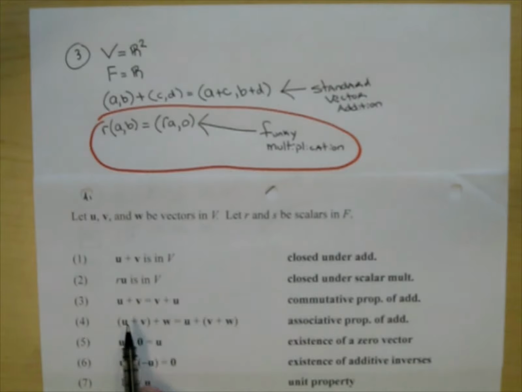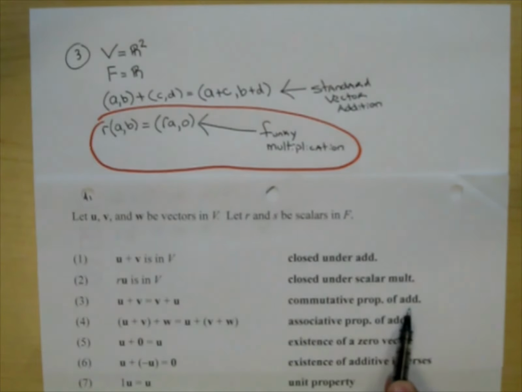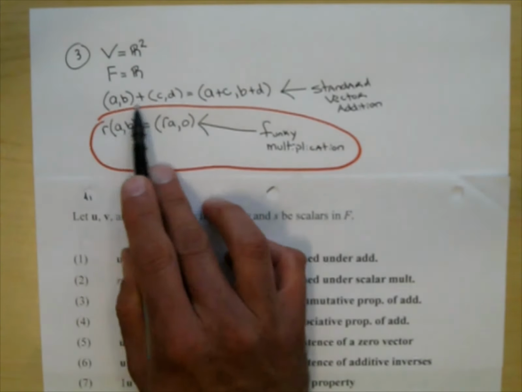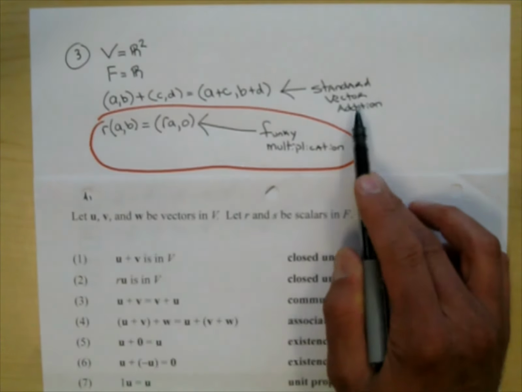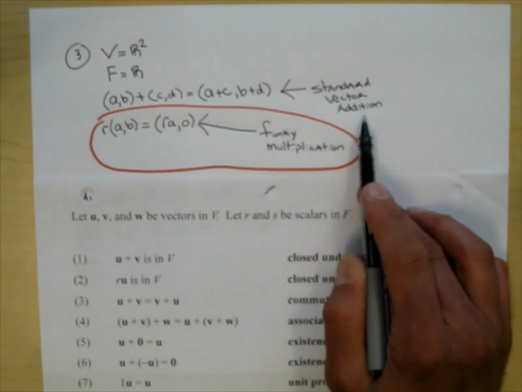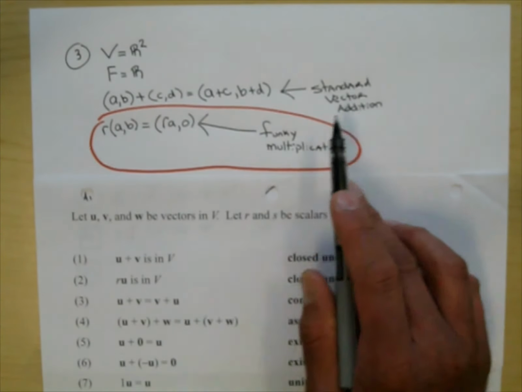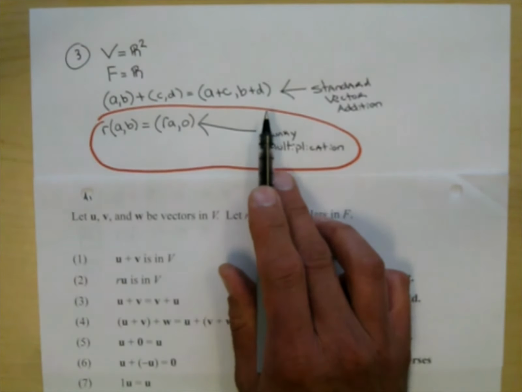If you're looking at Axiom 3, is it commutative under vector addition? Yes, it is, because we just have standard vector addition. We could verify it by writing out a formal proof, but we don't have to do that because these are true because addition is standard.